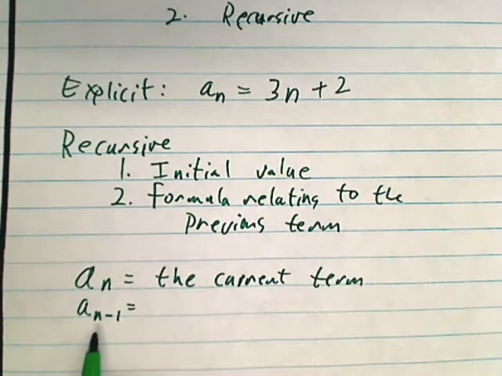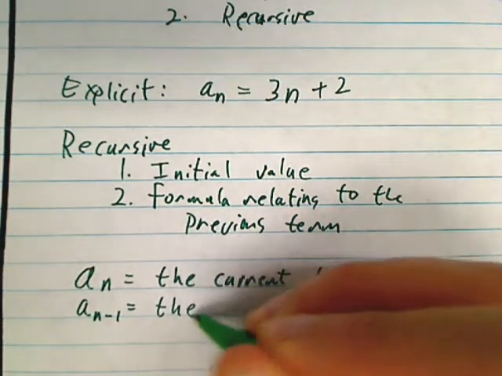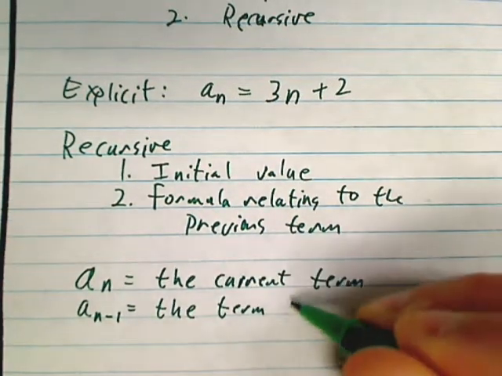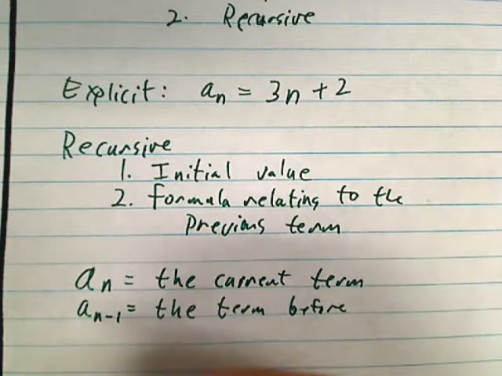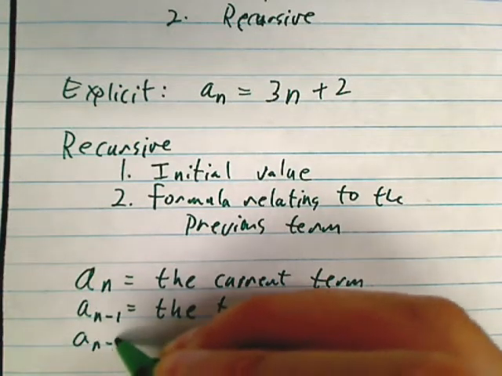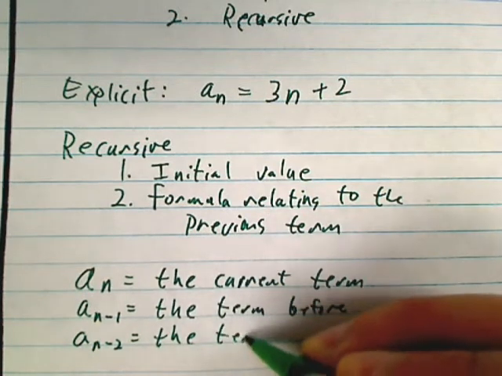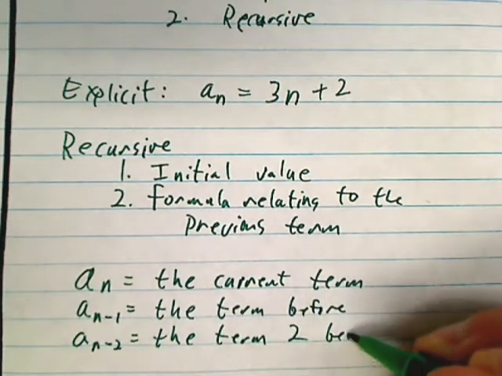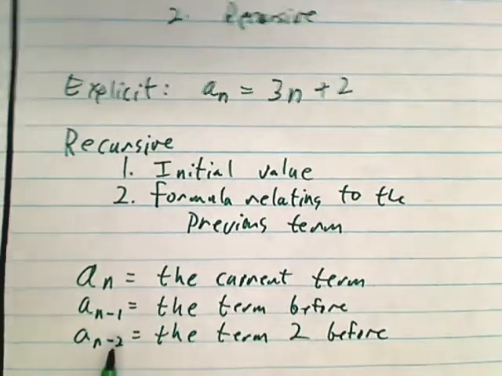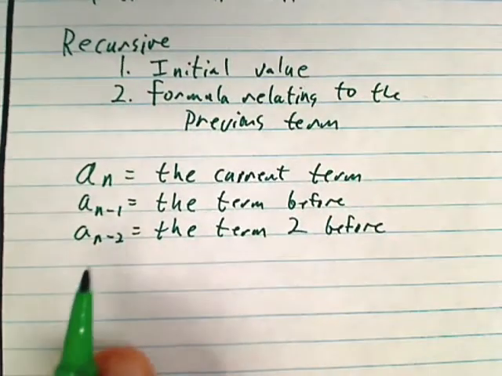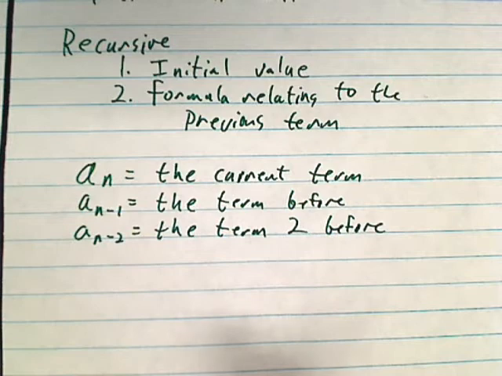That means the term before. And we could even go further. a sub n minus 2 would be the term 2 before. And you could go so on and so forth to a sub n minus 10, 10 terms before this one. So that's kind of going backwards.